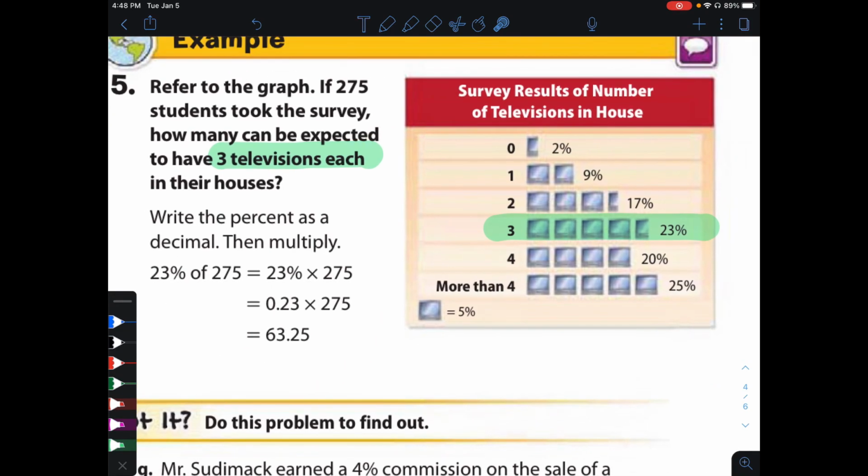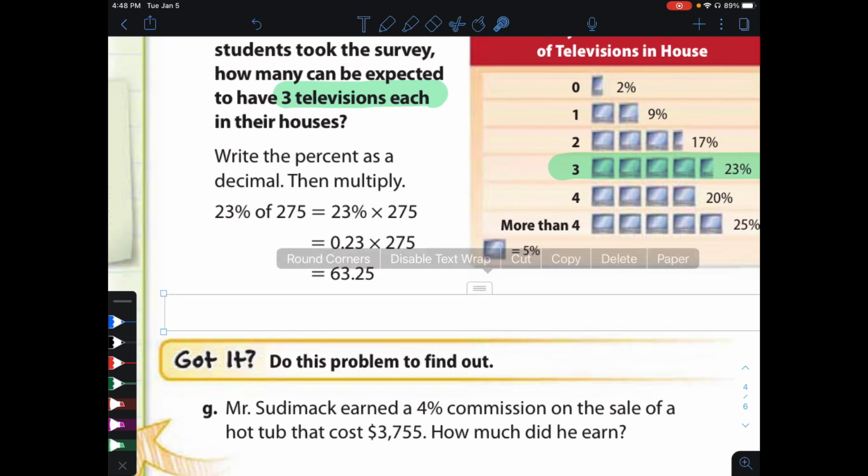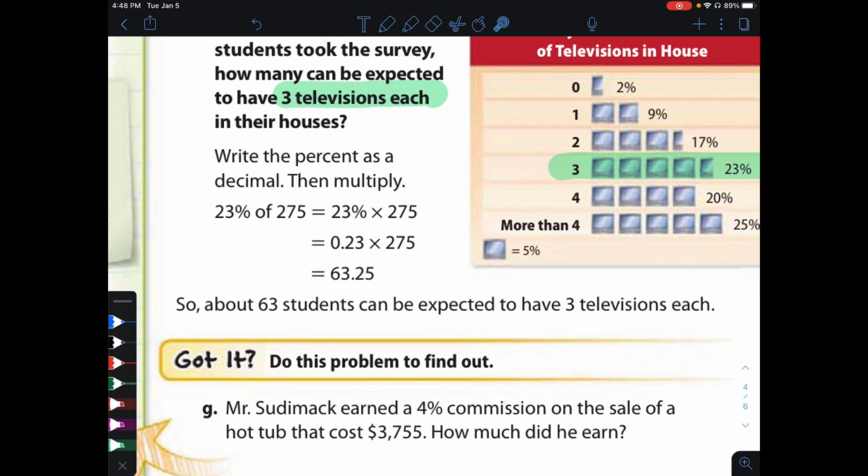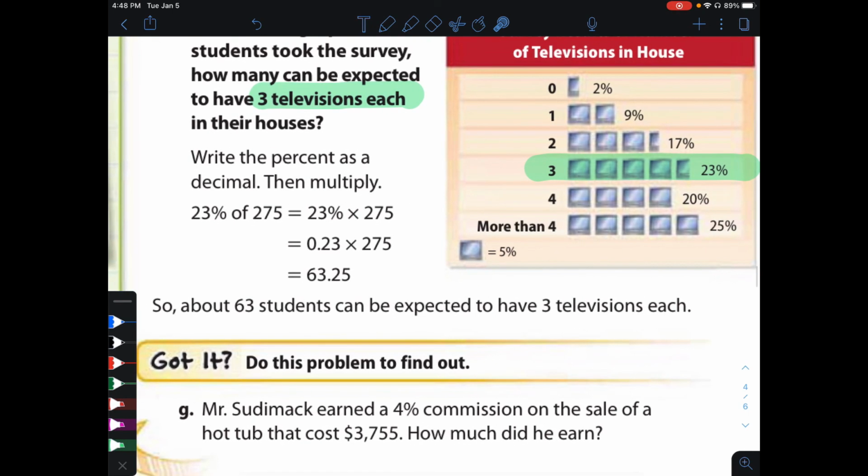So if we answer this question properly, it's going to say that about 63 students can be expected to have 3 televisions each. Again, we round down because it's 0.25. Of course, you cannot have 0.25 of a student, so we round down to 63 students.